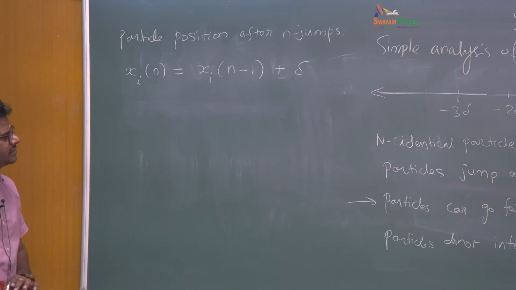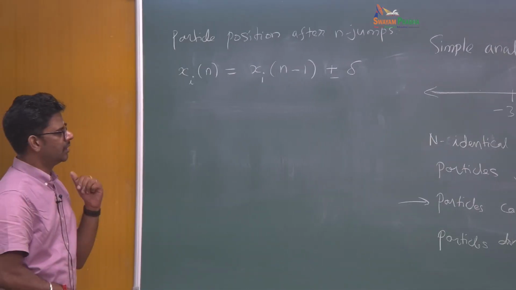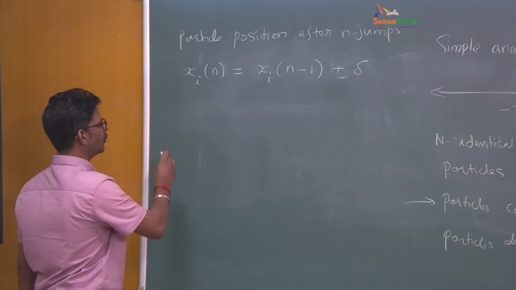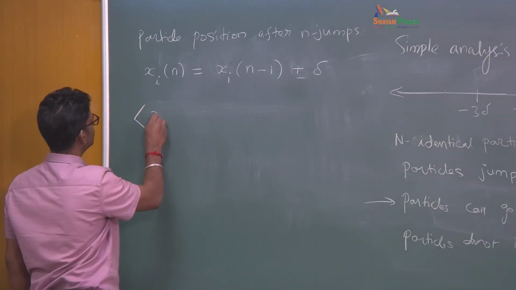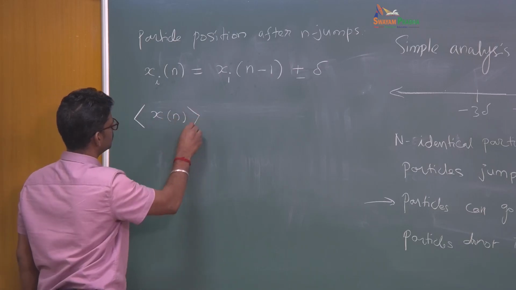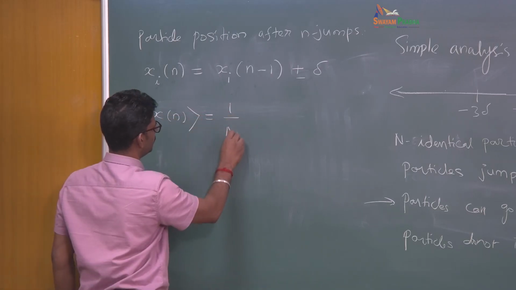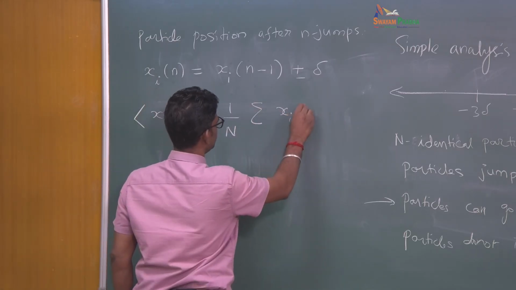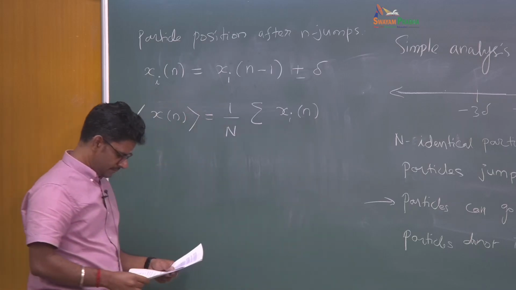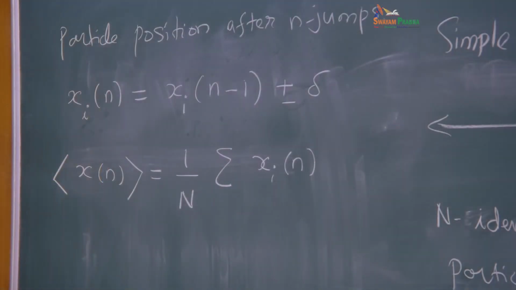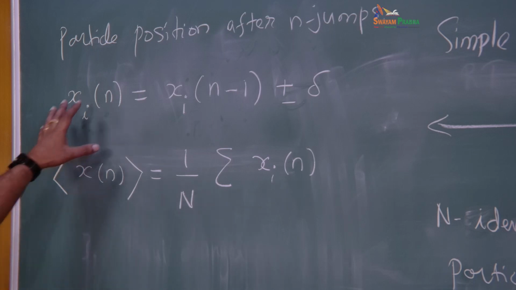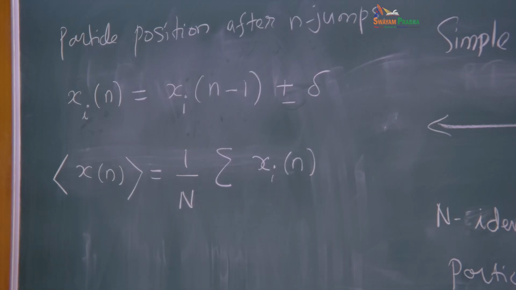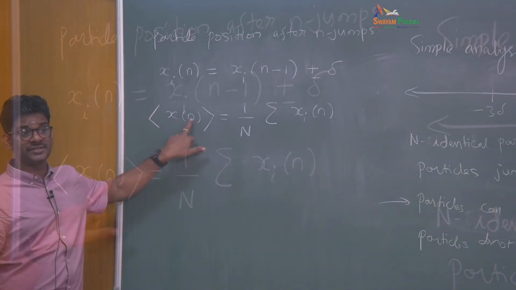Then we can ask, what is the mean position of the N particles after n jumps? I am going to use the symbol x of n, and this would be the average over all the particles, 1 over N, sum over i of xi n. Correct? I said I have N particles, each particle is individually undergoing this random walk problem, and I am asking what is the mean position of all these N particles after the nth step.